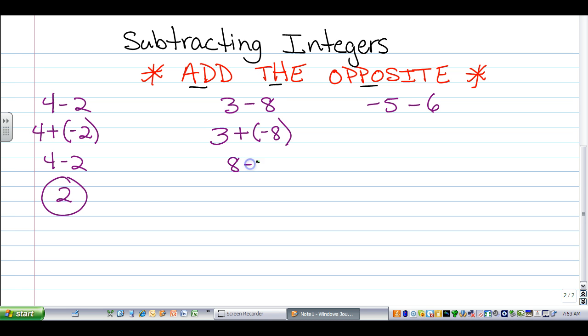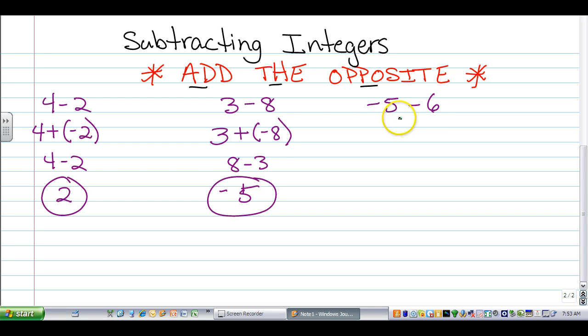We subtract, we get our answer, which is 5, and then I go back to the highest absolute value after I've added the opposite, and it's negative, so this is a -5. So if you really know how to add your integers, then this should be just one more step you have to remember, and hopefully it will not be that confusing.